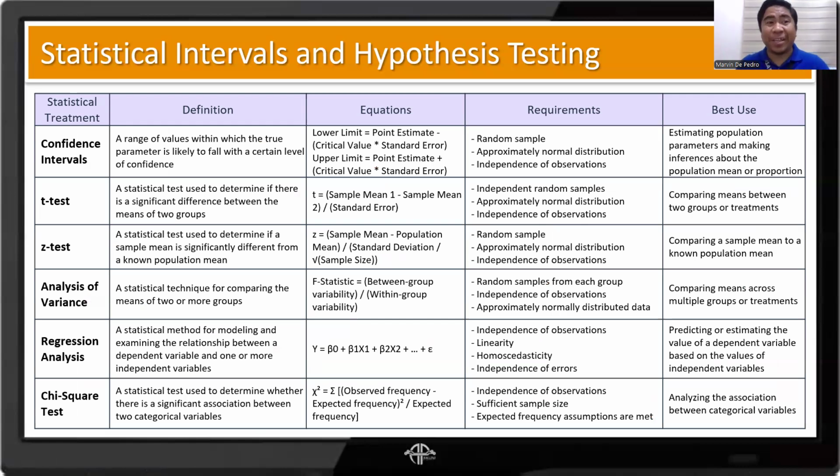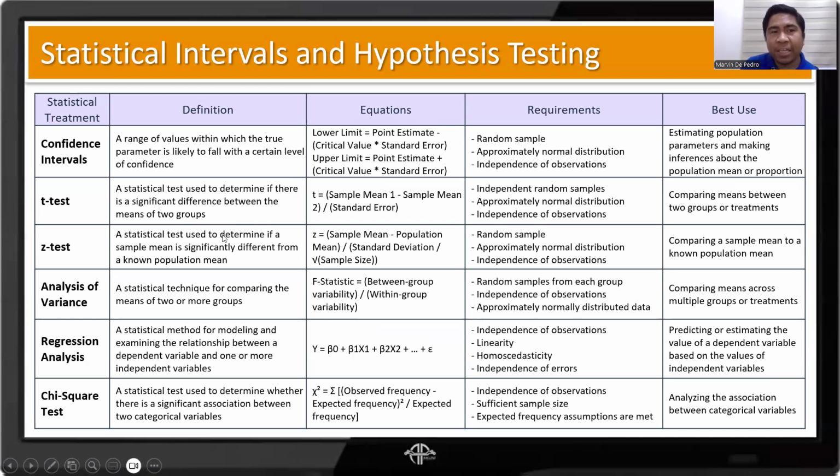Confidence intervals give a range of values within which the true parameter is likely to fall with a certain level of confidence. That's the simplest statistical test that we can do. But normally we use t-test, z-test, ANOVA, or regression and chi-square.